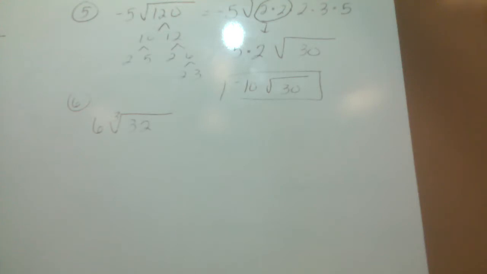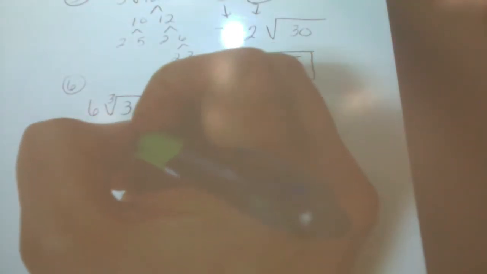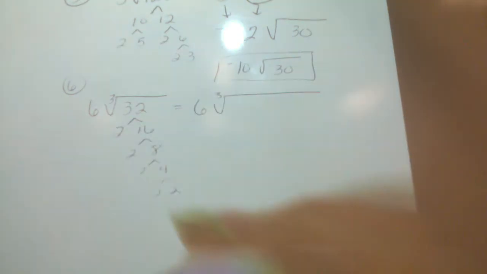Number 6. Now number 6 is just like number 5, except it's the third root. So let's break down that 32. I've got 2 and 16, 2 and 8, 2 and 4, and 2 and 2. So I've got 6 the third root of 5 2's.